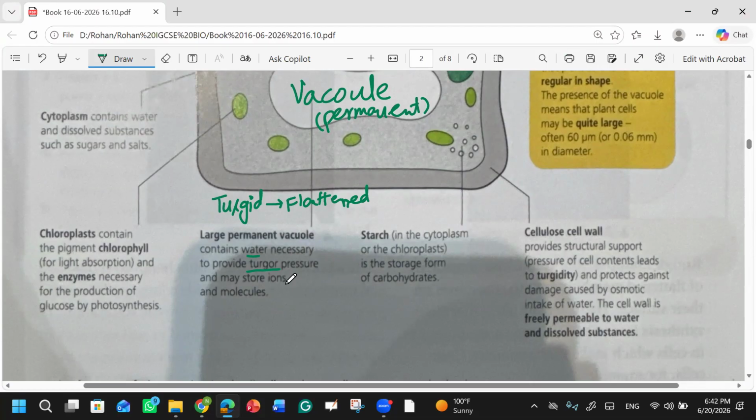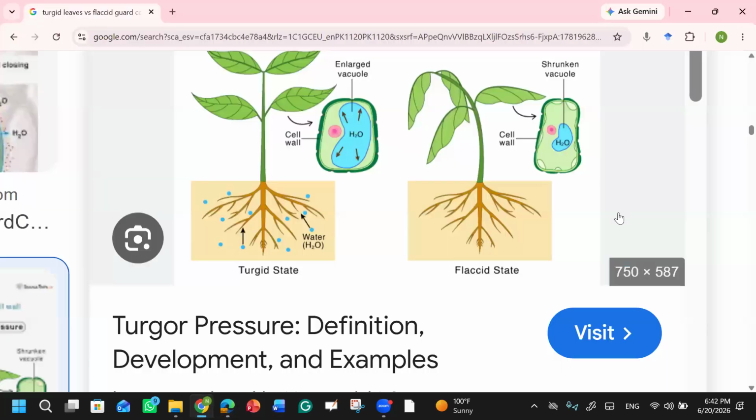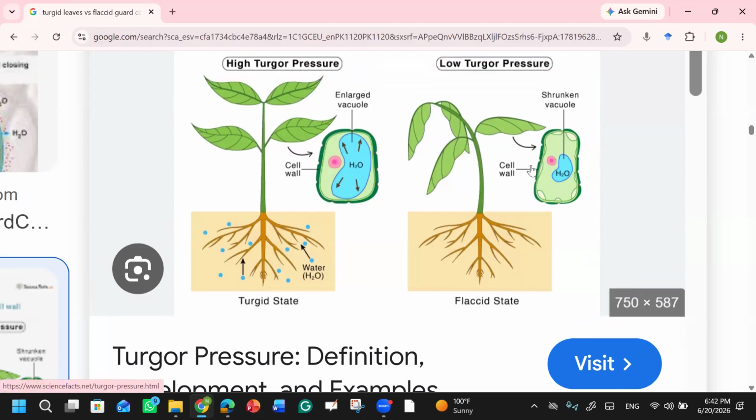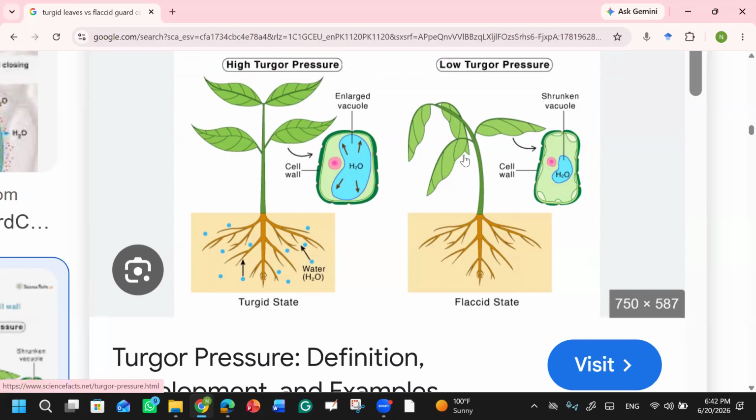The vacuole will shrink, and the leaves will become flaccid. This is known as the flaccid state. In Urdu we say the leaves murjha gaye hain. It is flaccidity, and turgid means they are erect.